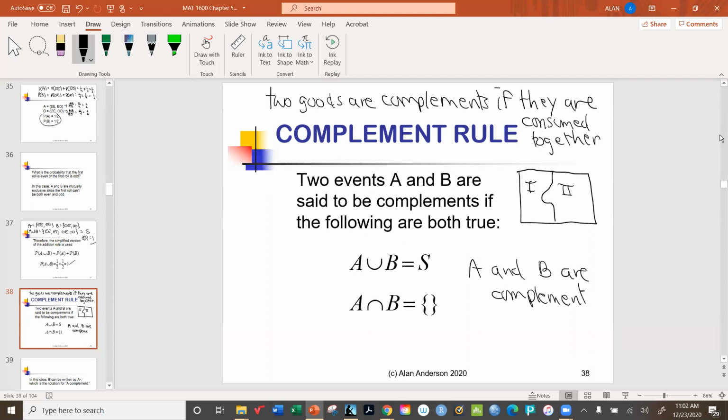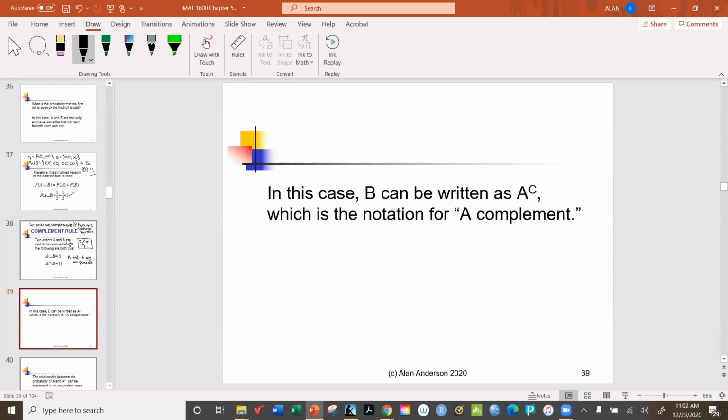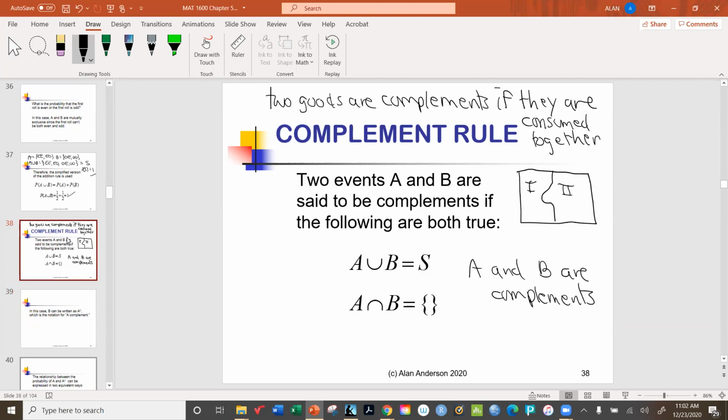Now, once I tell you a few examples of this, you'll say, oh, I get it right away. It's a pretty simple concept. Like, for example, the red and black cards in a deck.